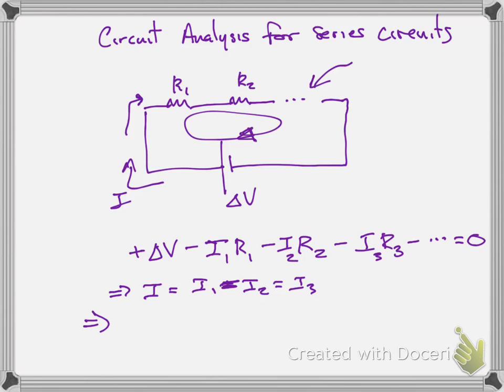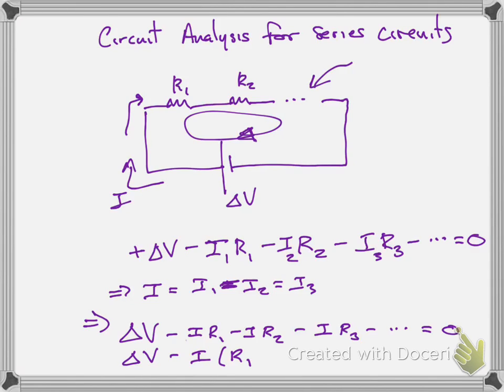So therefore, and I know I've gone backwards, delta V minus I R1 minus I R2, I keep on messing up. So I end up with that, and then I can go ahead and factor out the I: R1 plus R2 plus dot, dot, dot, however many resistors we have, equals 0.